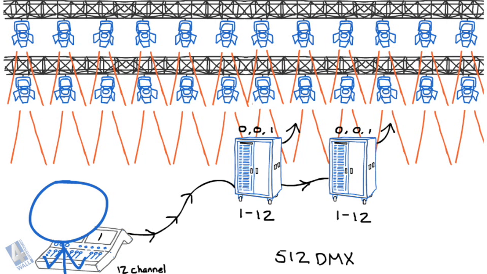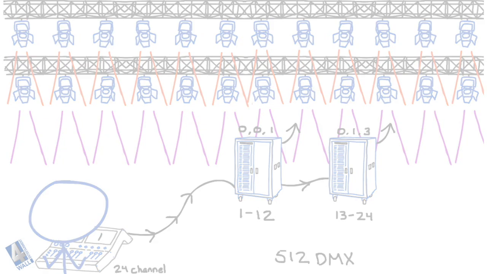DMX allows you to move numbers around as long as they aren't overlapping. Further example of this. The theater decides to buy a 24-channel lighting console. What we can do is dial the second dimmer 013. Now this dimmer is 13 through 24. This is DMX in its simplest form.